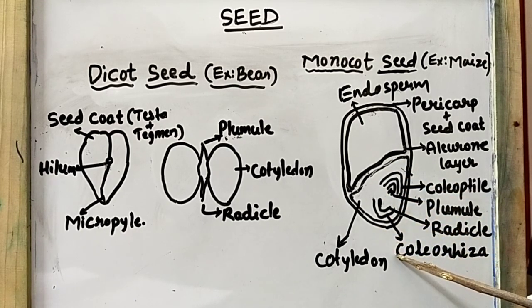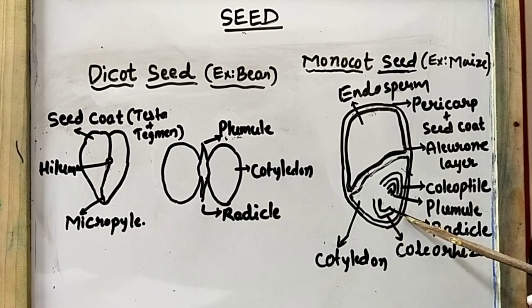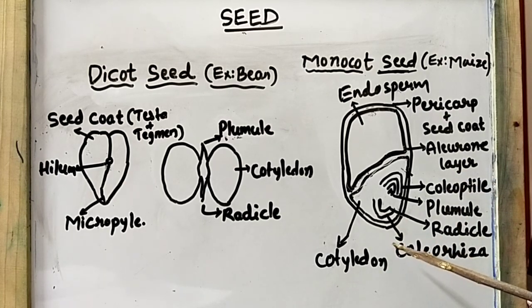Below we can see the presence of the radicle along with the coleorhiza. The covering of the radicle is the coleorhiza. What is the function of these two, coleoptile and coleorhiza? They give protection to the embryonic root and shoot. Understood?